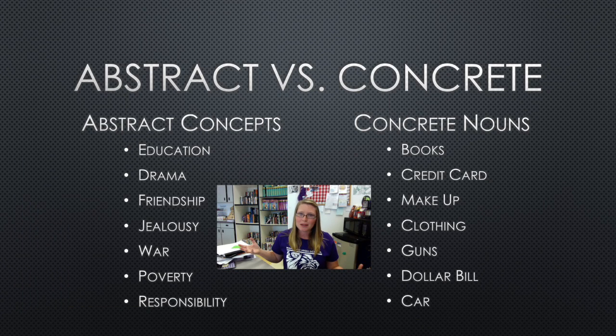These are things that can be experienced with the five senses. You can hear them, you can touch them, you can see them, you can taste them. I wouldn't suggest it with any of these, but it is possible. So these are things that can be experienced with the five senses. But the abstract concepts cannot be experienced with the five senses, but that doesn't mean that they don't exist.